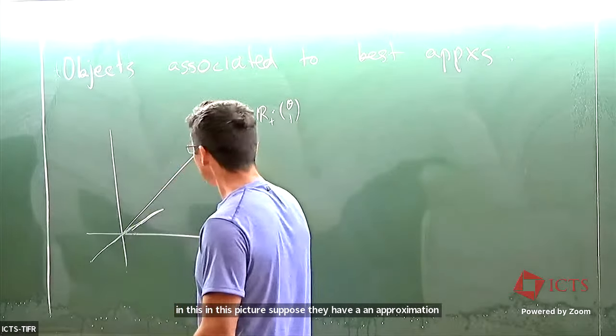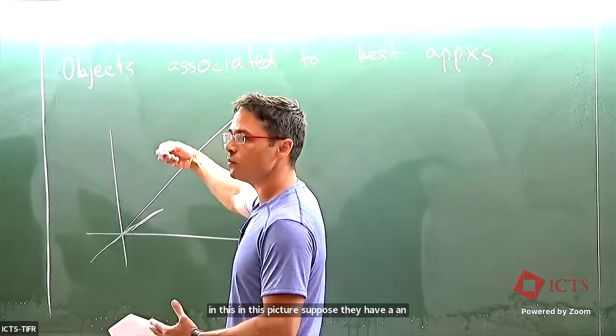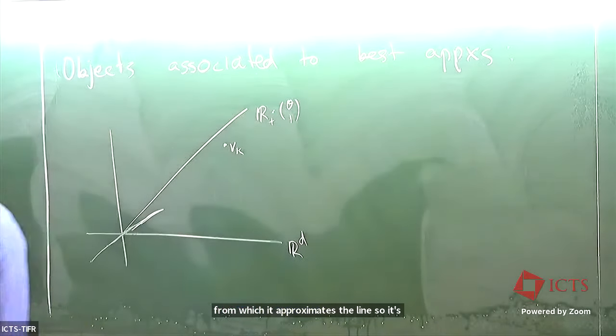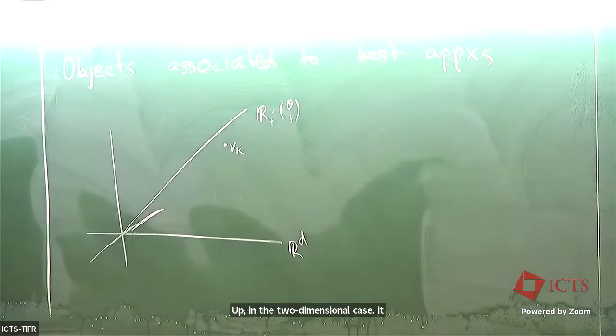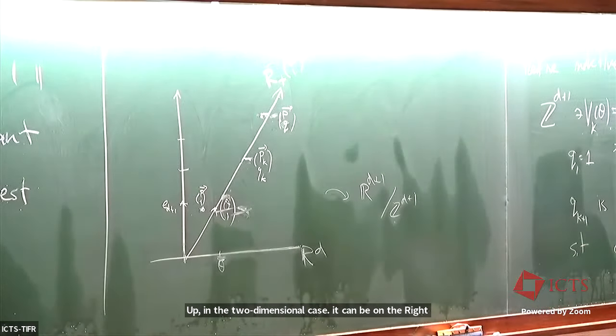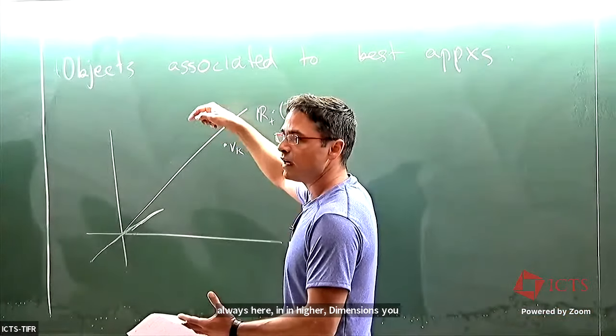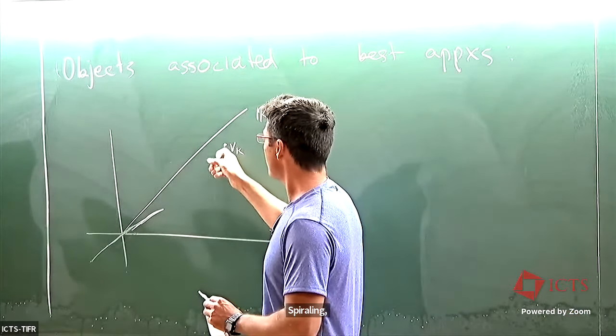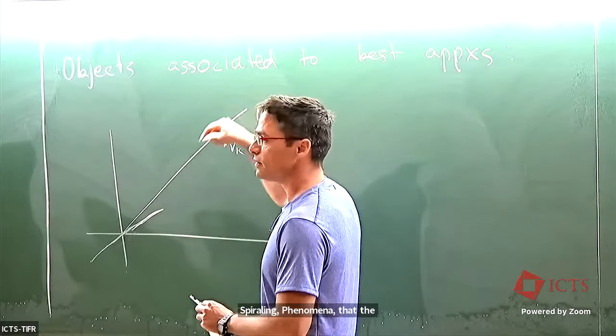I want to first consider the direction from which it approximates the line. In the two-dimensional case, it can be on the right or on the left. And those of you who see the connection to continued fraction expansion know that they alternate between left and right always. Here in higher dimensions, you should expect spiraling phenomena, that the best approximations would approximate the line from all directions.